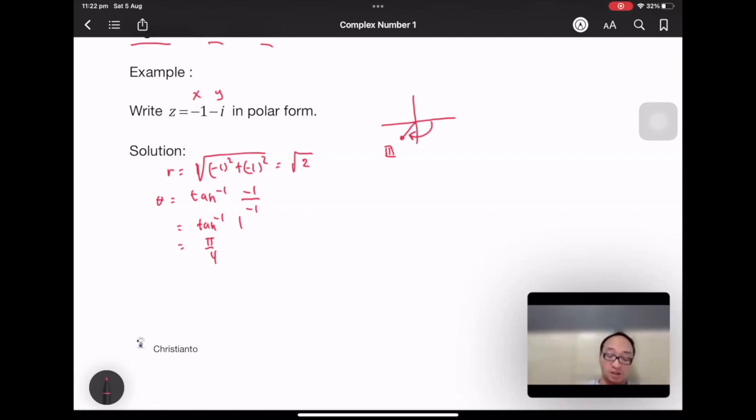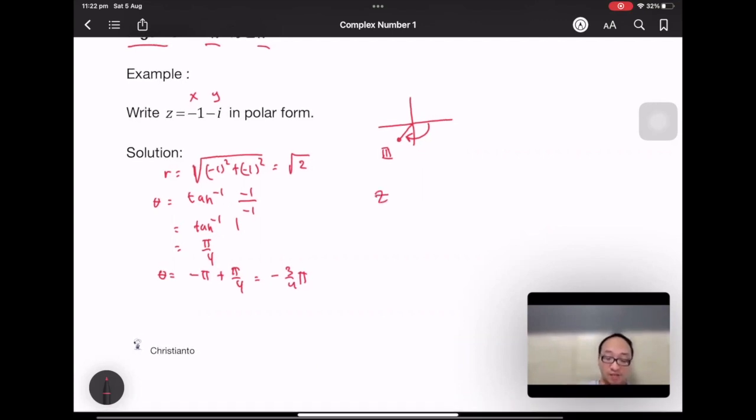So theta is not pi over 4, but it should be negative pi plus pi over 4, which equals negative 3 over 4 pi. So the polar coordinates will be root 2 times cos of negative 3 over 4 pi plus i sine of negative 3 over 4 pi. That's it.